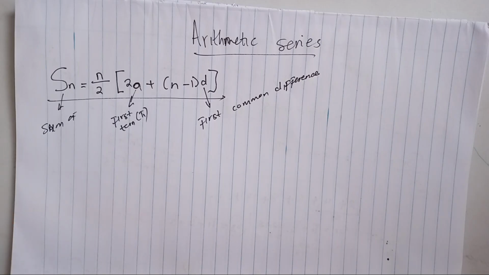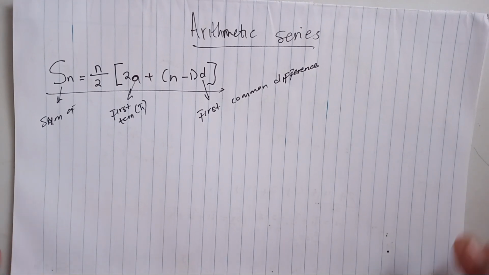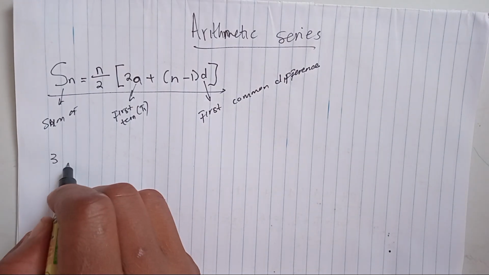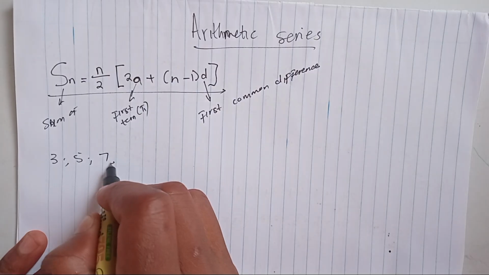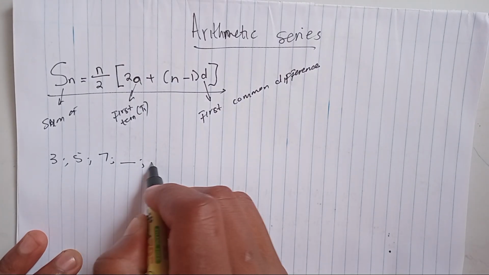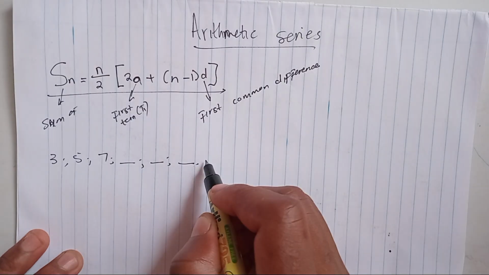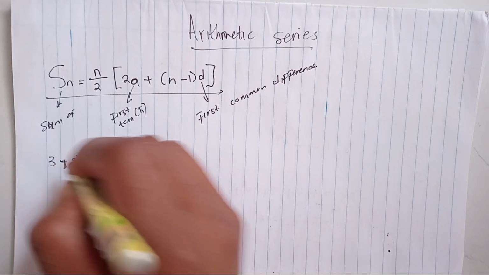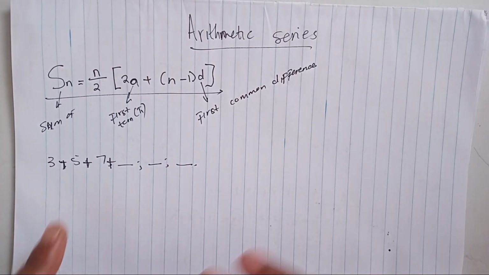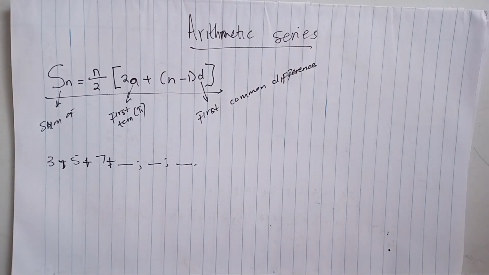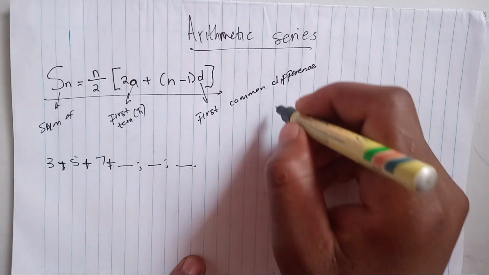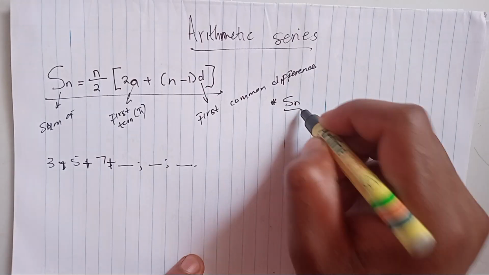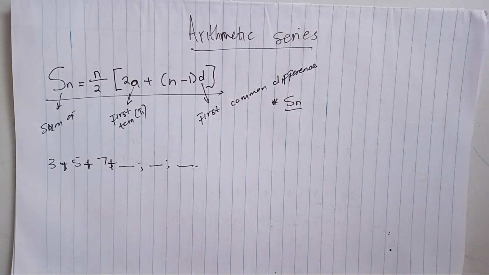So let's try to work on some exercises. If I'm having 3, 5, 7, it continues like that, and this is an arithmetic sequence. Let me make it a series. This is an arithmetic series and it's a linear series. I'm required to find Sn, the sum of the nth term.